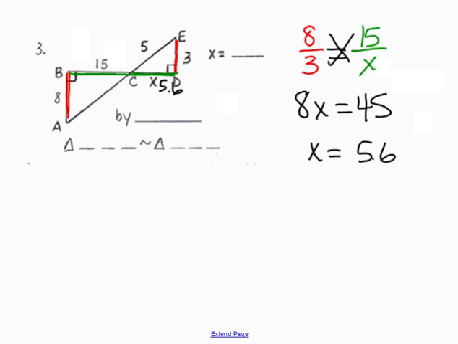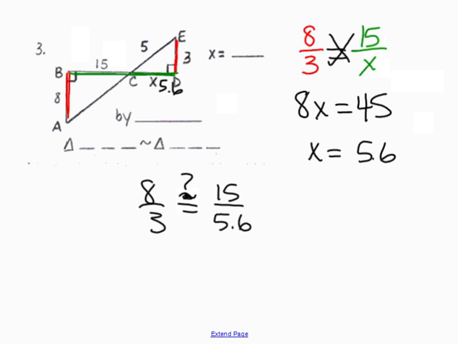Okay. Well, I've got a decimal, so now what? All right, well, we're going to see if these two fractions are reducible. So we've got 8 over 3. Does that equal 15 over 5.6?